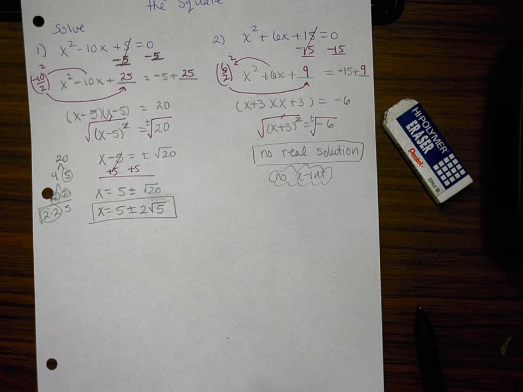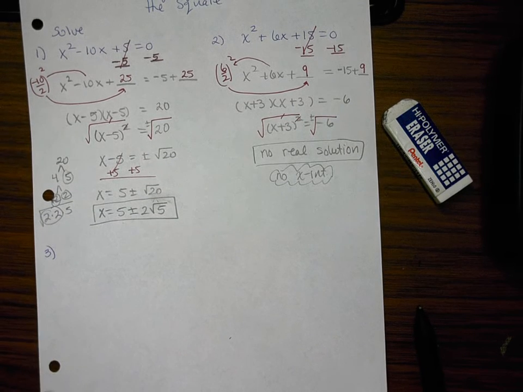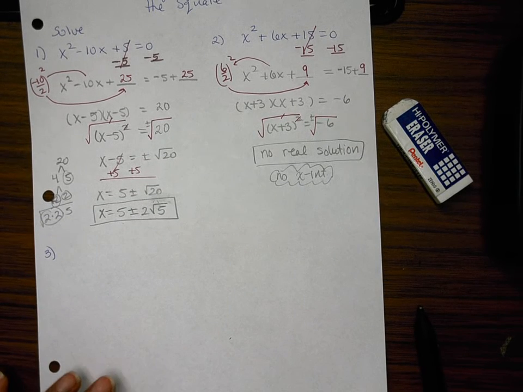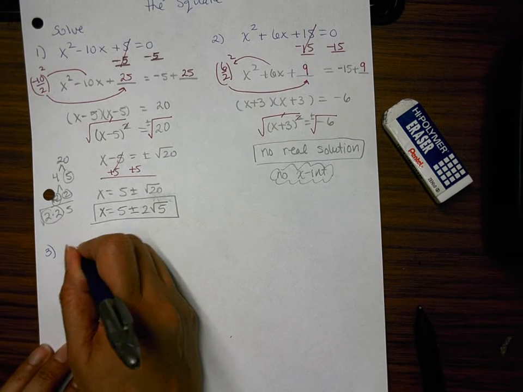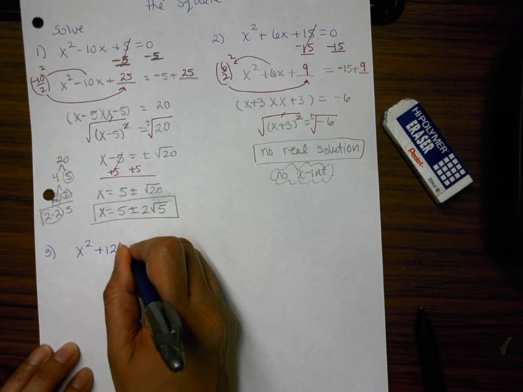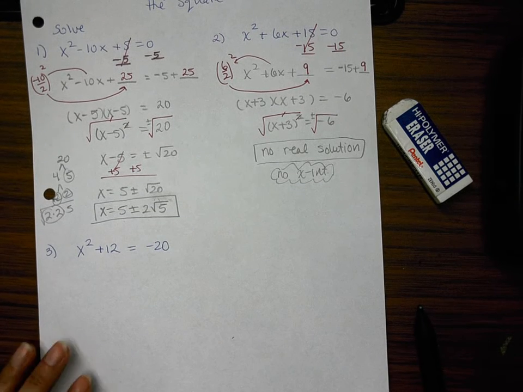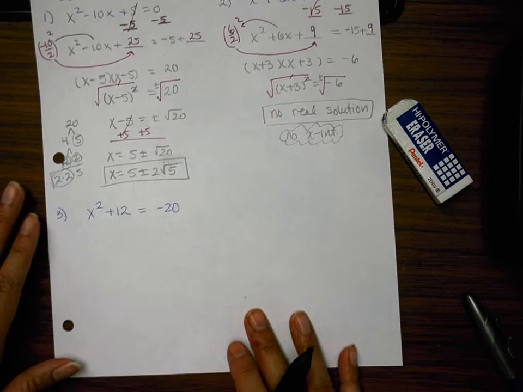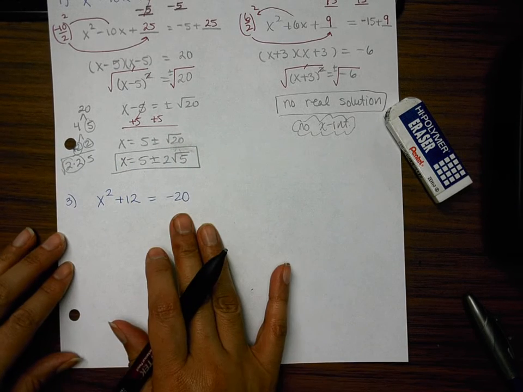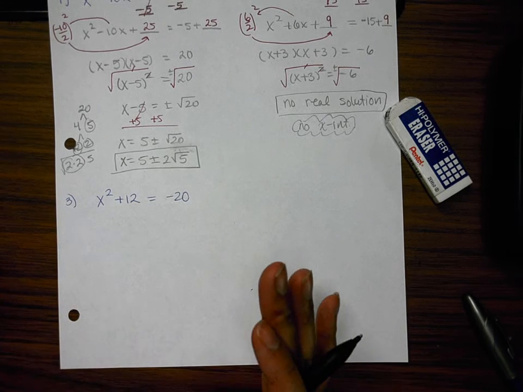Okay, number 3, x squared plus 12x equals negative 20. Now, how is this one slightly different from numbers 1 and 2? This one, the negative 20 has already been moved over. One less step.